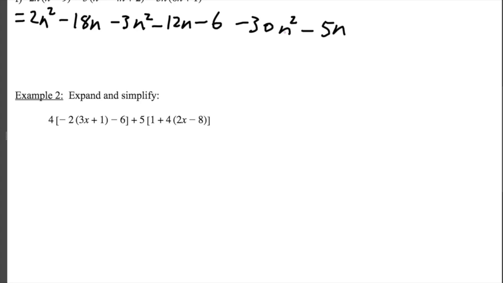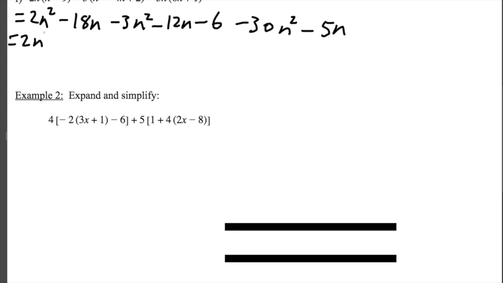So again, we're going to bring all the like terms together. So we have 2n squared minus 3n squared minus 30n squared. We have minus 18n and minus 12n and minus 5n. Actually, I just realized this is my minus 3 multiplied to minus 4n.